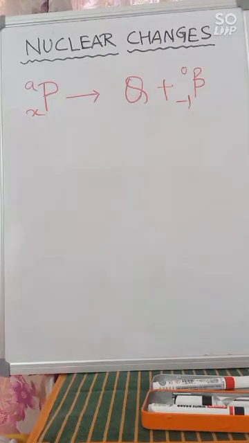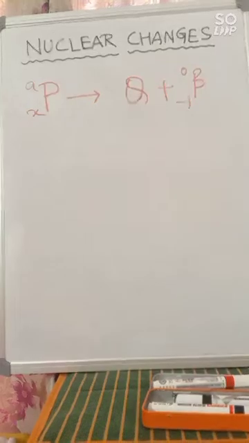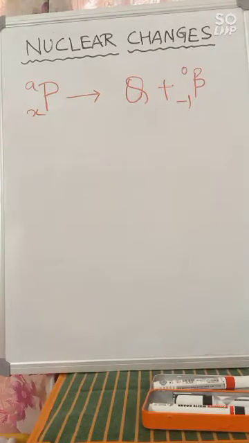So let's start. Here on the whiteboard, I have written an example where P is an element and X is depicting atomic number and A is depicting mass number. And if you check out on the left hand side, they have written that beta emission is there. So what about the atomic number and mass number of the daughter nucleus Q?